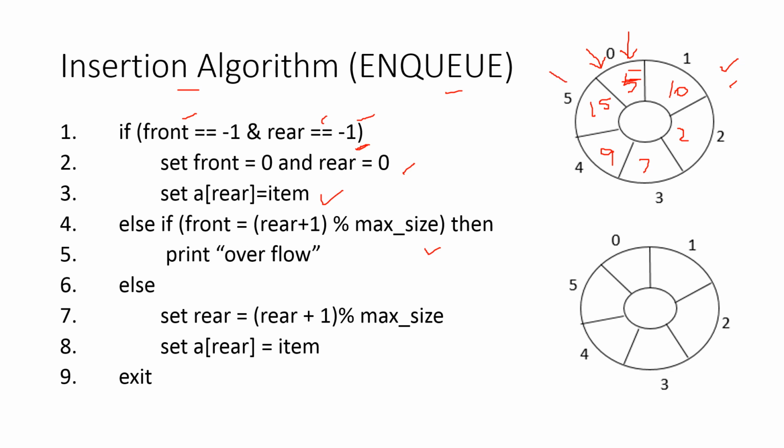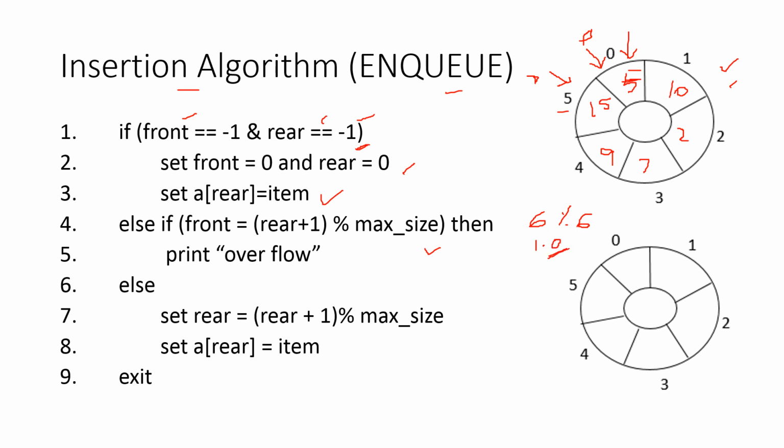Here you have elements. Suppose here I have 5, here 10, here 2, 7, 9, 15. Say this is rear and this is front. What is rear? 5. 5 plus 1 is 6, and 6 modulus maximum size 6 gives 0.